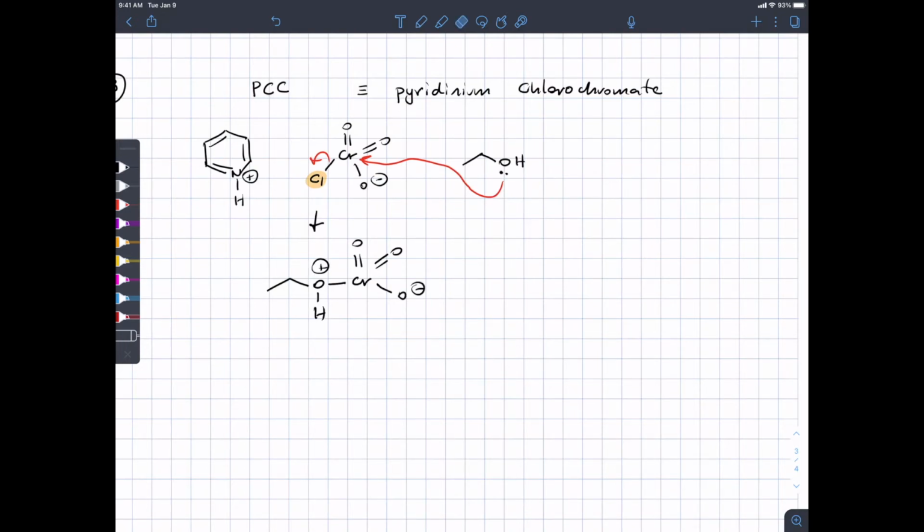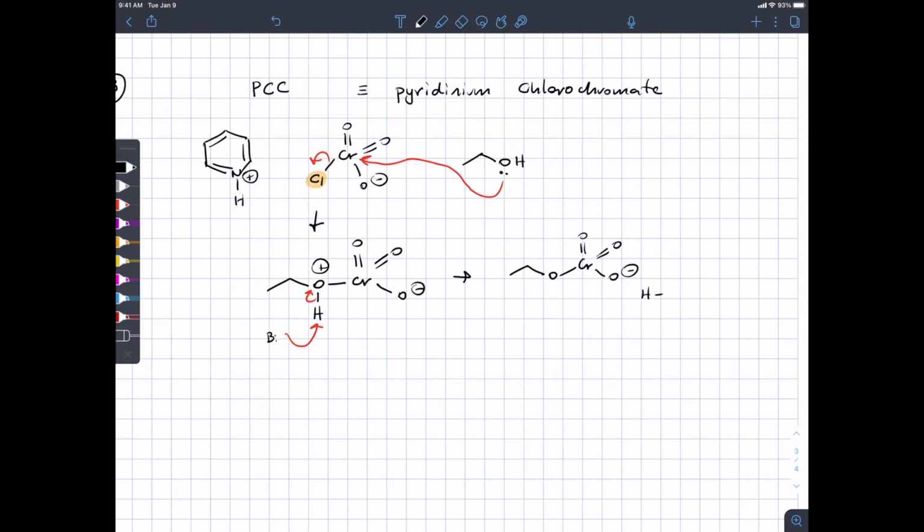And at this stage, though it doesn't happen all in the same step, you have a base remove this proton. And we don't really care what that base is because the proton's pretty acidic. It might be another molecule, it might be Cl-, doesn't matter.